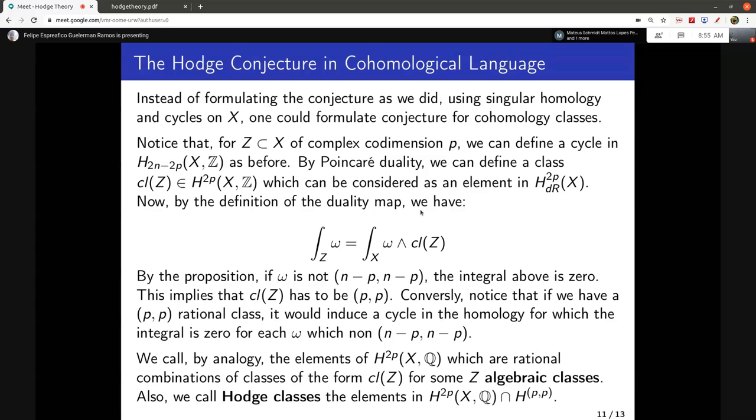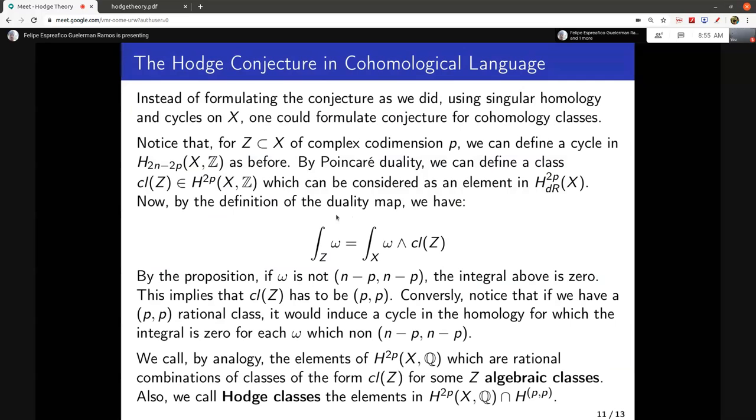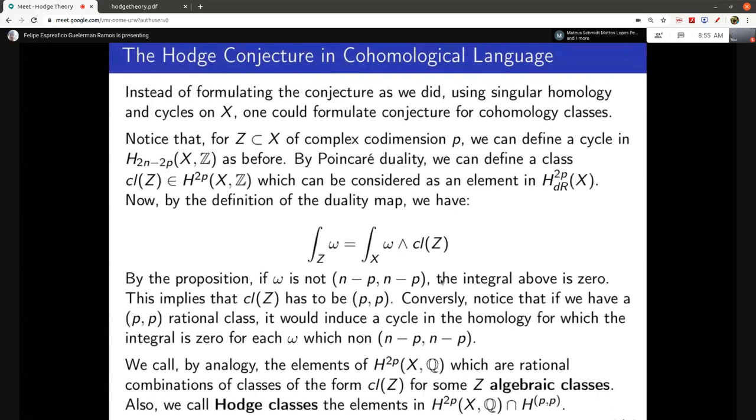And using the definition of the duality map of the Poincaré duality, we have that the integral of a form on Z is the same as the integral of this form wedge this class on X. And of course, by the proposition we did here, this integral is 0 if omega is not (n-p,n-p).